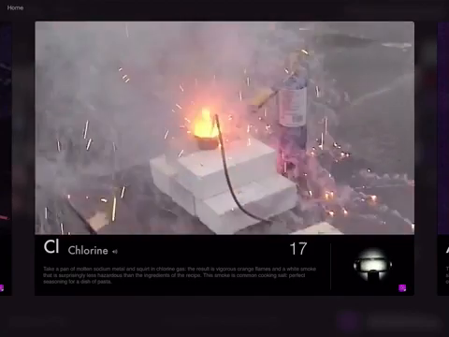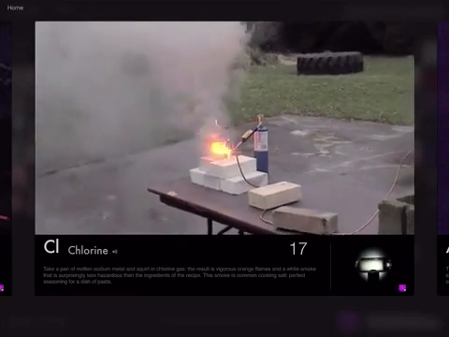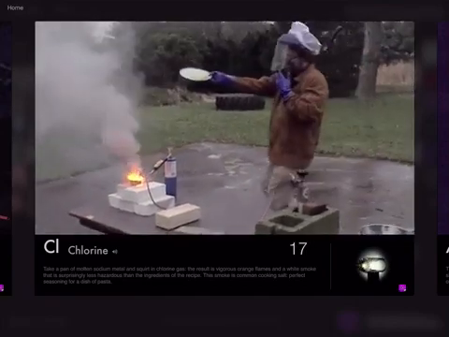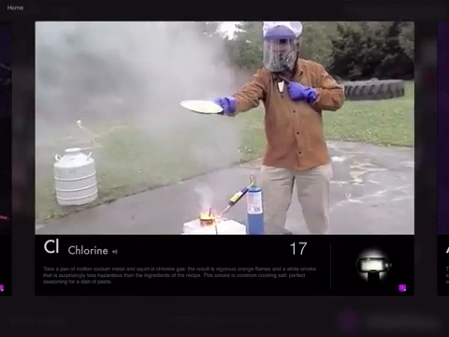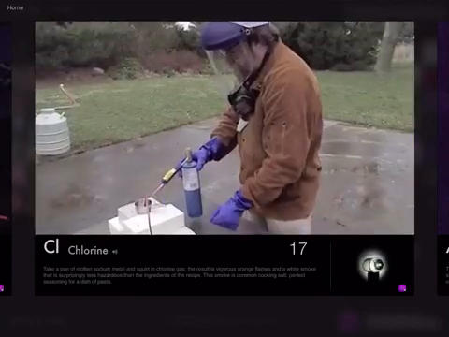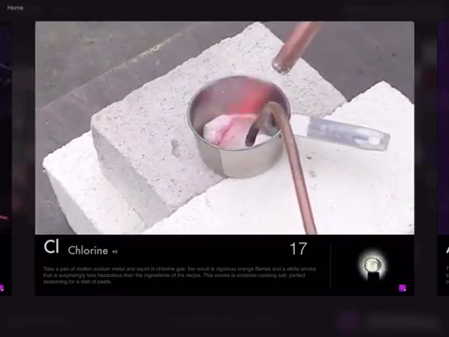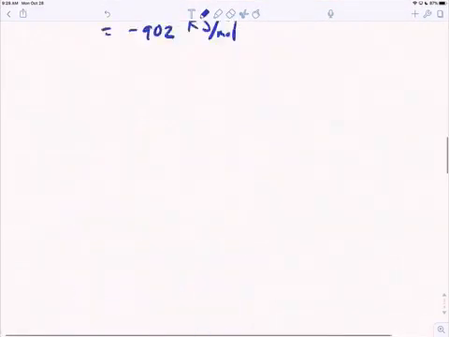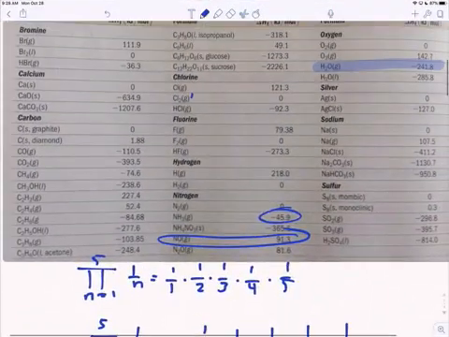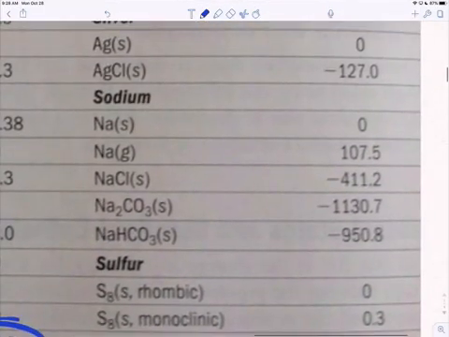So then the heat of formation of sodium chloride, do they have that in that list? Let me look. NaCl, yes, it's minus 411.2. Right, that reaction there, minus 411.2.